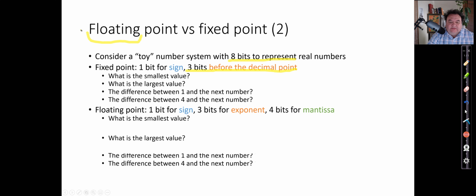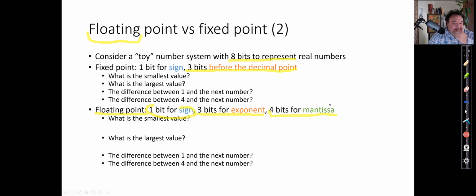So in a way, it's conceptually similar to an integer, but there is a bit fixed at a particular location. When we go to floating point representation, then we have similarly a bit, obviously in both cases, for the sign. Then there are, say, 3 bits for the exponent and 4 bits for the mantissa.